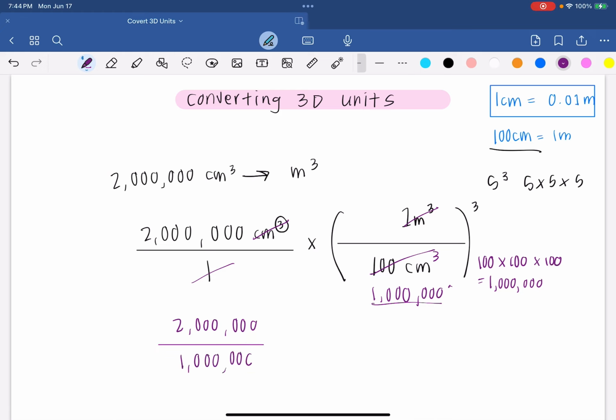And when we have a fraction, we also know that a fraction is a division problem. So if I have 2 million divided by 1 million, that just gives me 2. So I know that 2 million centimeters cubed is equal to 2 meters cubed. And that is going to give me my answer.